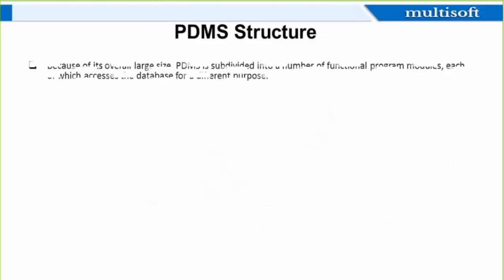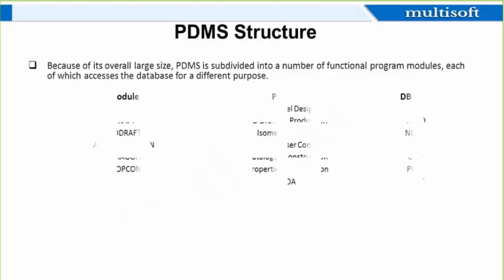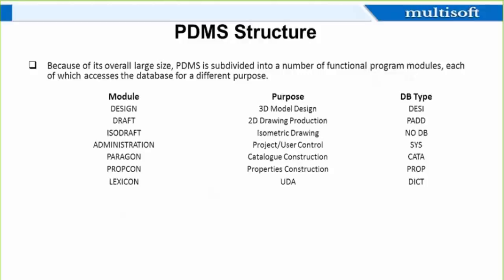Now, because of the overall size and the huge projects, PDMS as a software is subdivided into a number of modules, and each module has its purpose. Like the design module is for 3D modeling activities for all the disciplines. For this, the design module is subdivided into different applications.